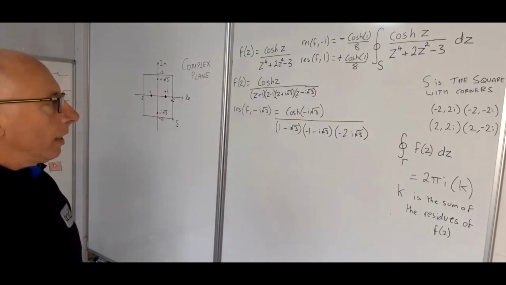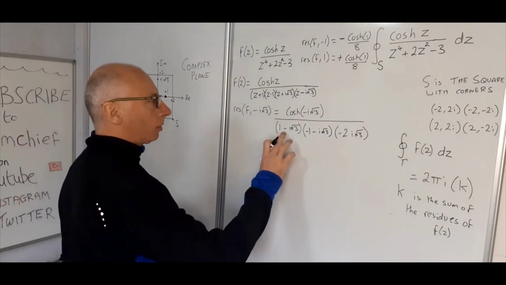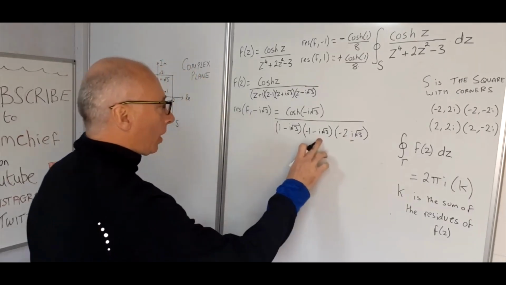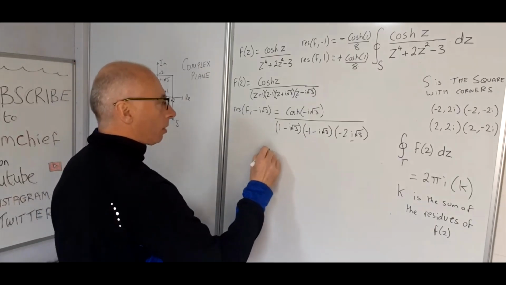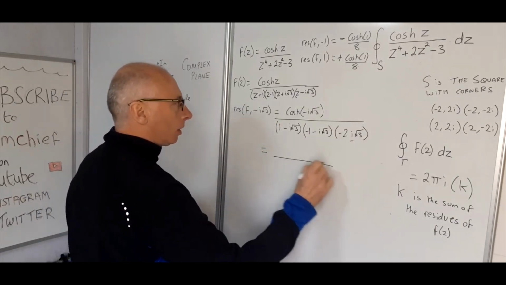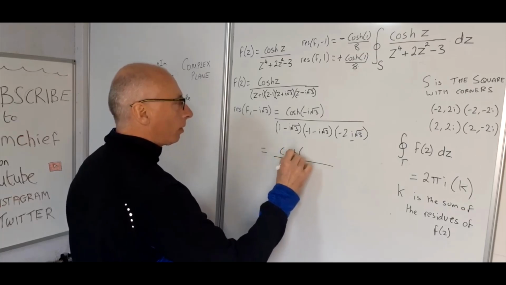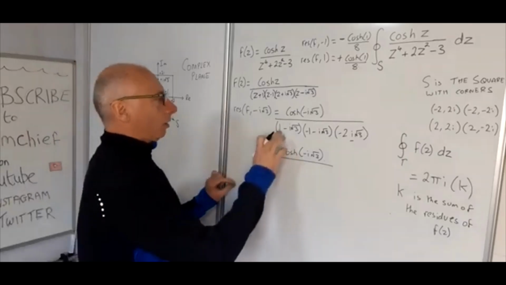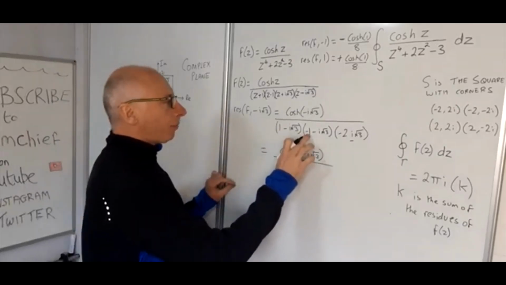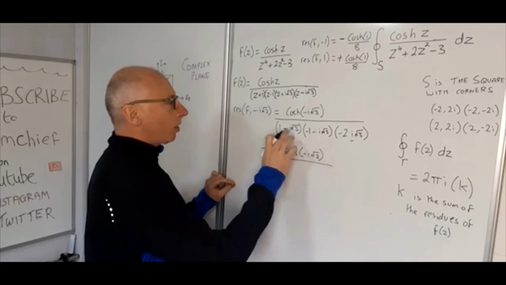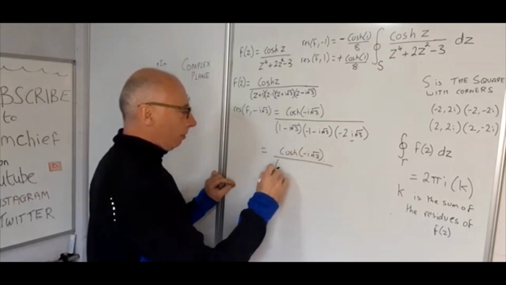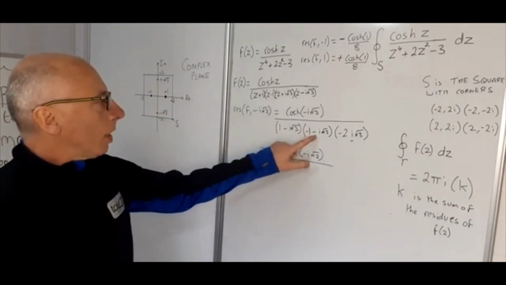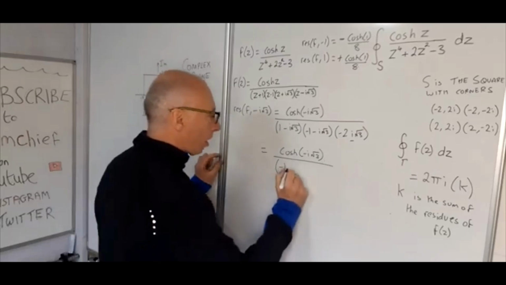Okay, let's have a look what we got here now. So I'm going to leave this one till last. Now I'm going to FOIL these ones. So let's see what we've got here. So I'm going to leave this cosh in here for now. Okay, so 1 minus i root 3 times minus 1 minus i root 3. So 1 times minus 1 gives us minus 1. 1 times minus i root 3 gives us minus i root 3.